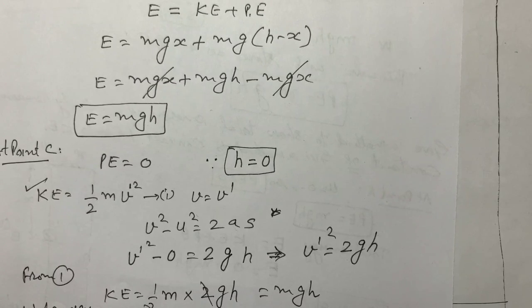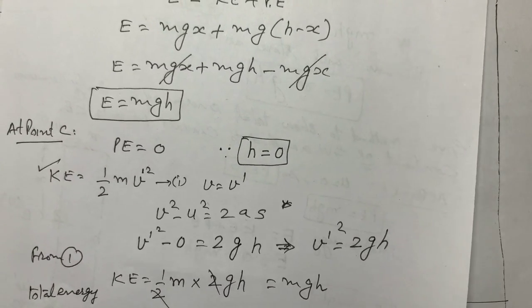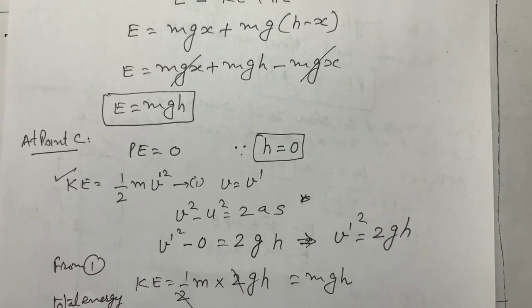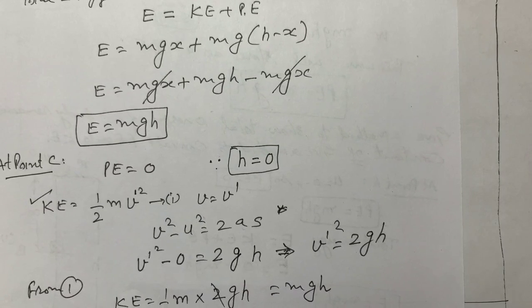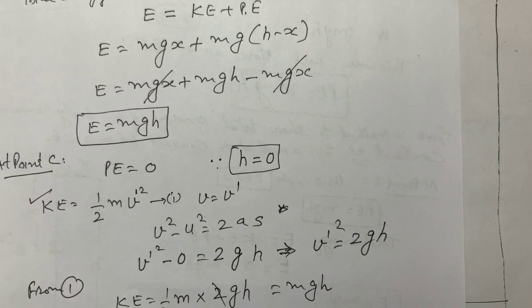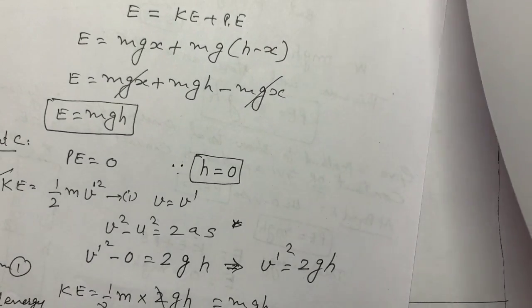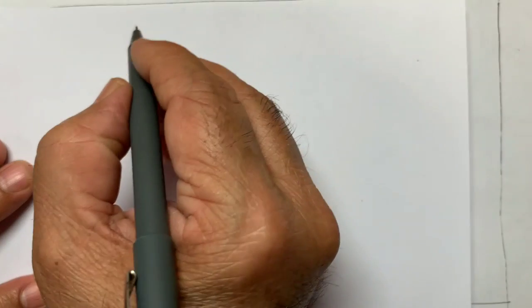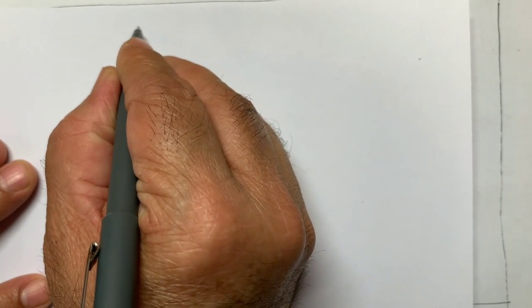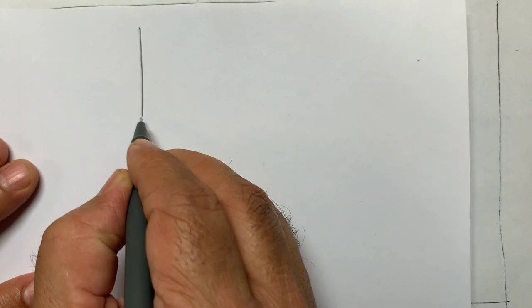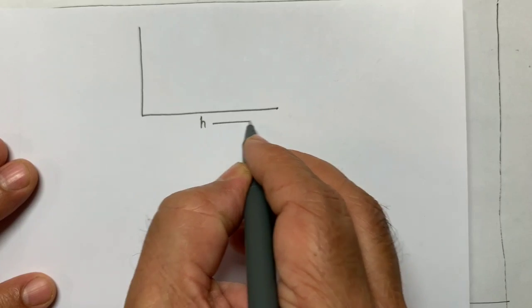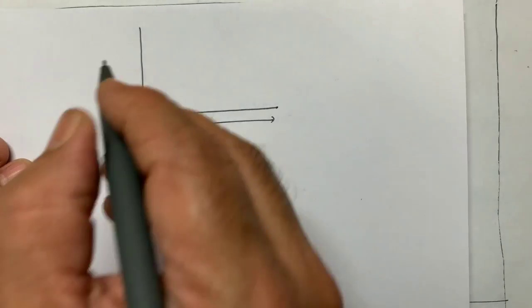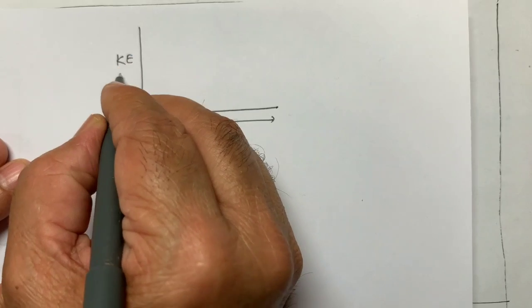It is noted that as the body falls, its kinetic energy goes on increasing, whereas potential energy goes on decreasing. If we draw a graph, this is the height h, and this is the sum of the kinetic plus potential energy.